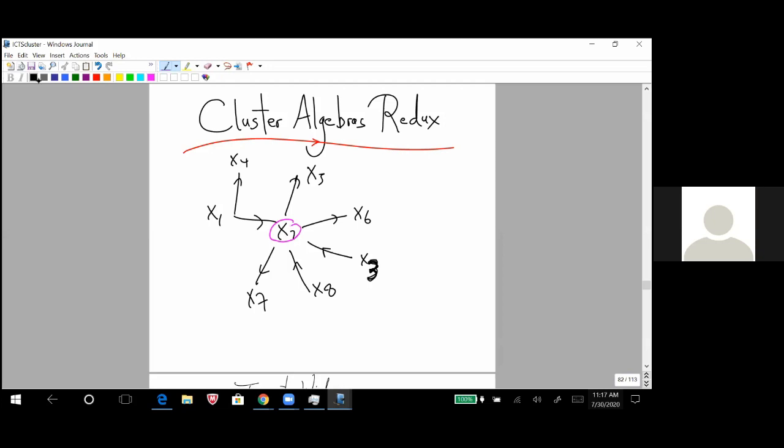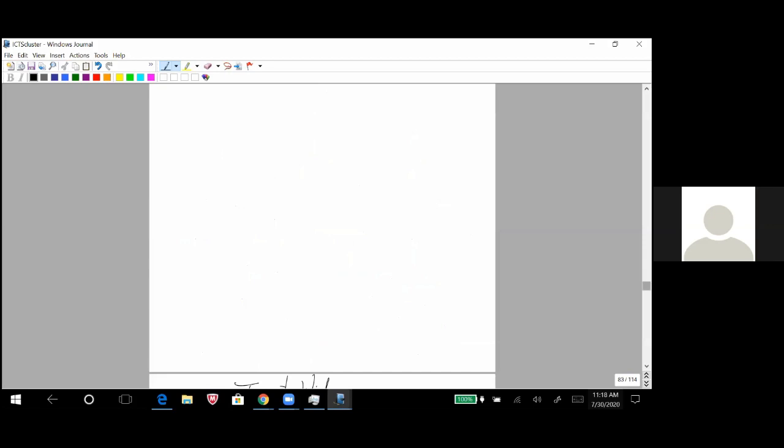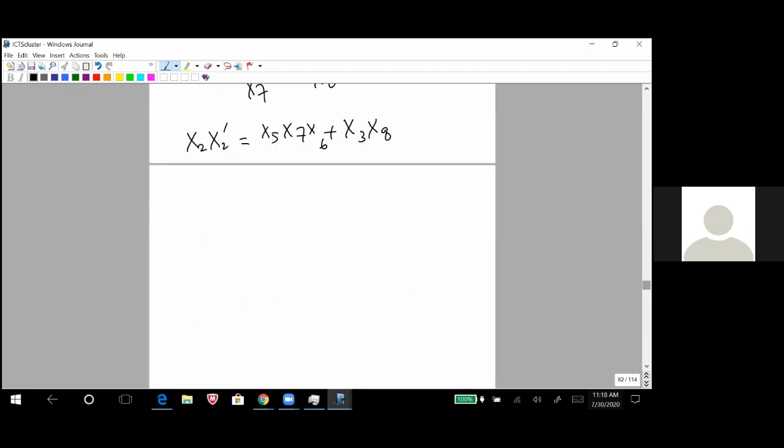So I have some formula like x2 prime is equal to, and I would have x5 x7 plus x5 x7 x6. Those are all the outgoing arrows, and incoming arrows I would have x3 x8.